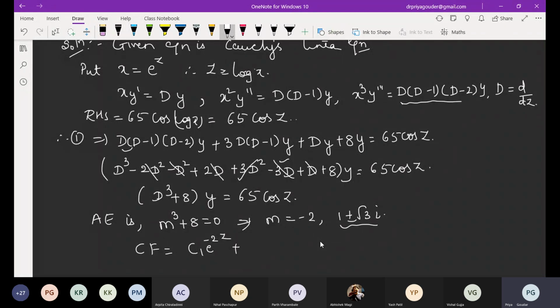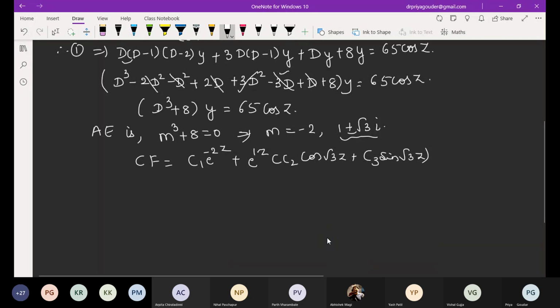Now, how to write for 1 plus or minus root 3 i? e raised to 1z, C2 cos of root 3 z plus C3 sine of root 3 z. Sorry, this is the CF. Let us convert in terms of x. Now, e raised to z is x, correct? This is e raised to minus 2z, means you are raising the power by what?